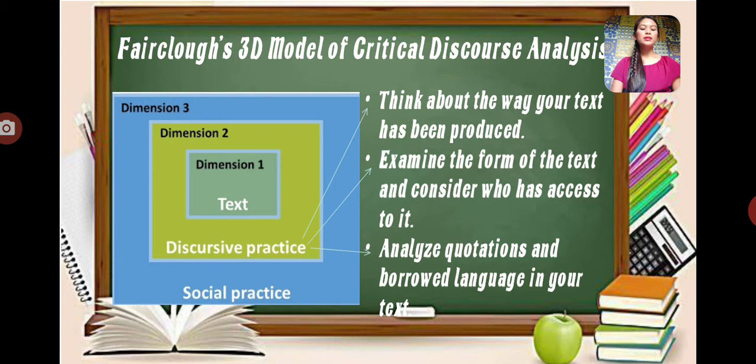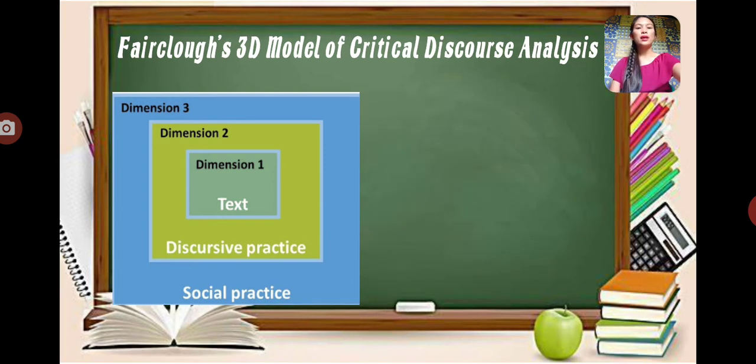Quoting Charles Dickens at once shows that the author is well read and also grounds their writing in the English Victorian literary tradition. The last dimension is the social practice.